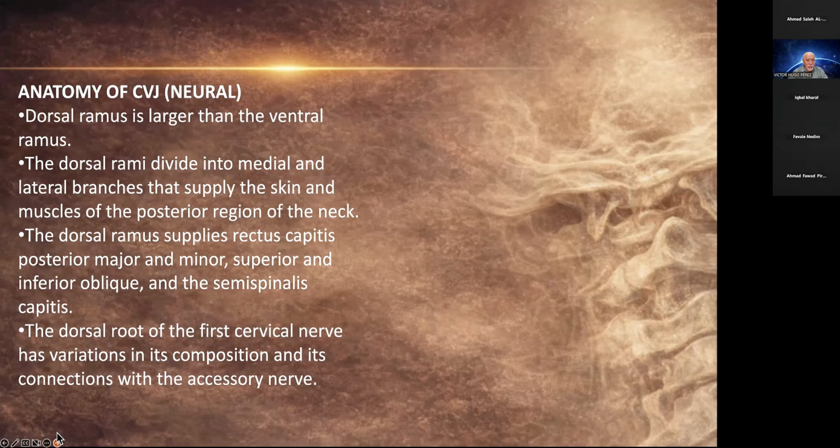The dorsal rami divide into medial and lateral branches that supply the skin and muscles of the posterior region of the neck. The dorsal ramus supplies rectus capitis posterior major and minor, superior and inferior oblique, and the semispinalis capitis. The dorsal root of the first cervical nerve has variations in its composition and its connections with the accessory nerve.